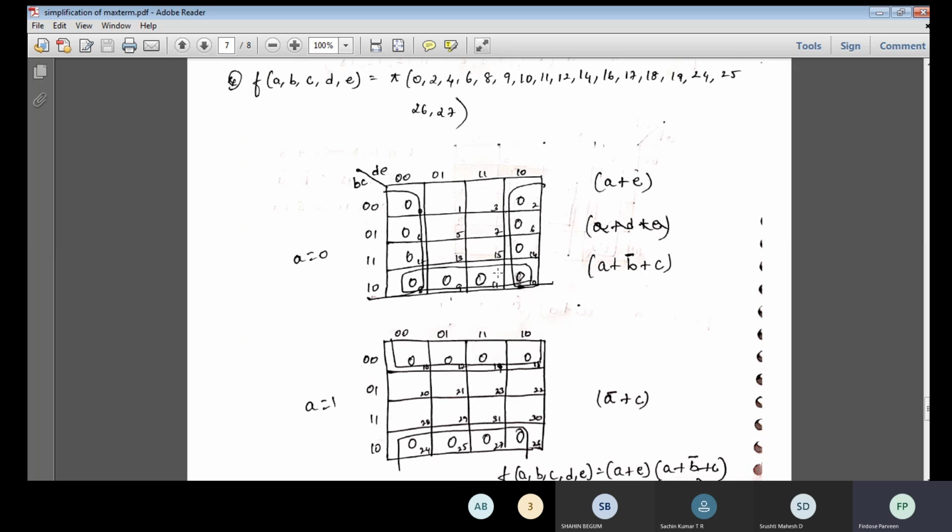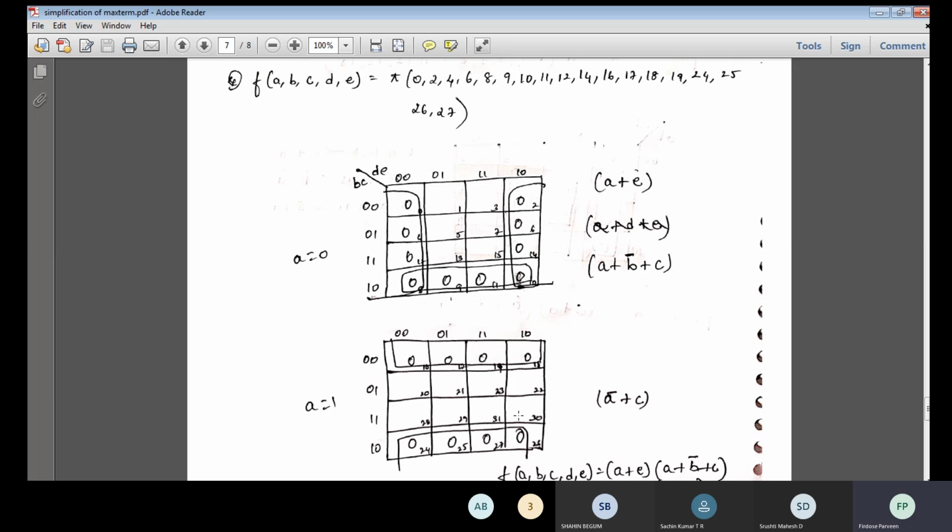That is 8, 9, 10, 11 becomes one group. So it is a plus b bar plus c. In the same way, it is 0, 1, 2, 16, 17, 18, 19 and 24, 25, 26, 27 is one group. So what you will be getting is a bar. A is equal to 1. That means it is a bar. It is covering these two rows, that is b plus c and b bar plus c.